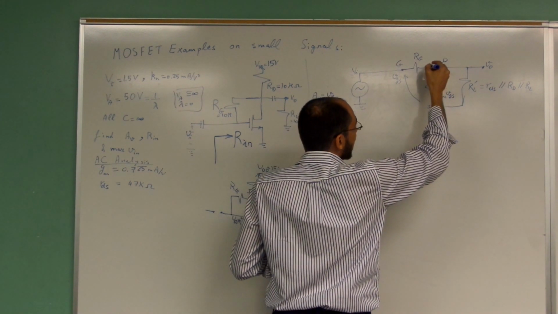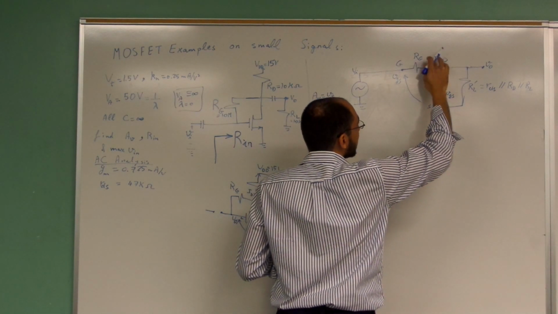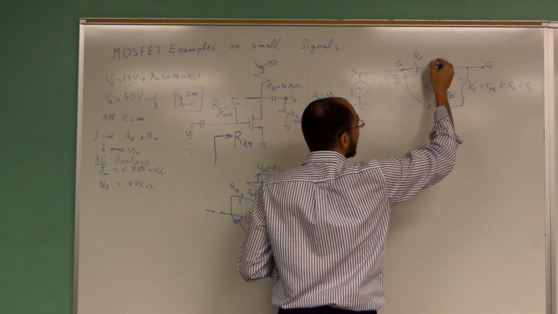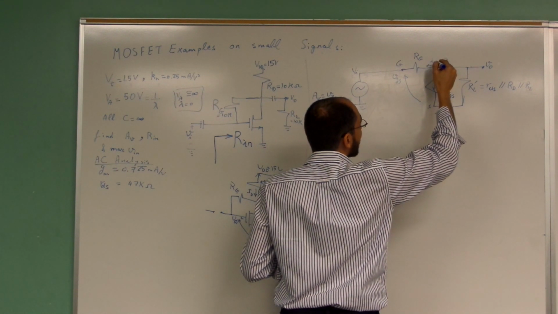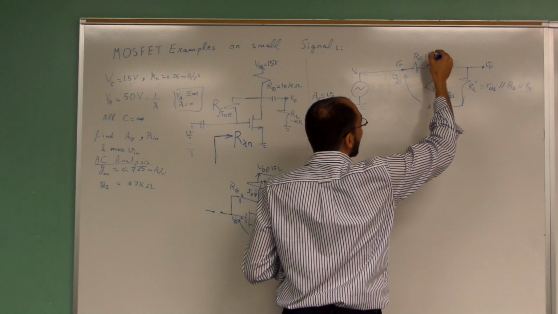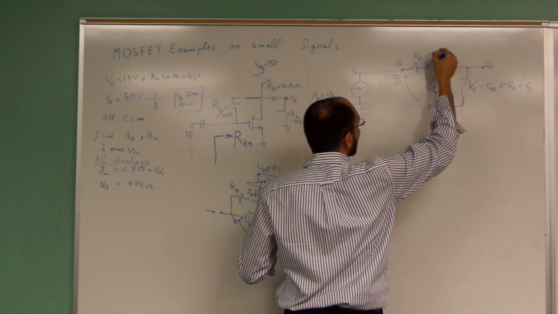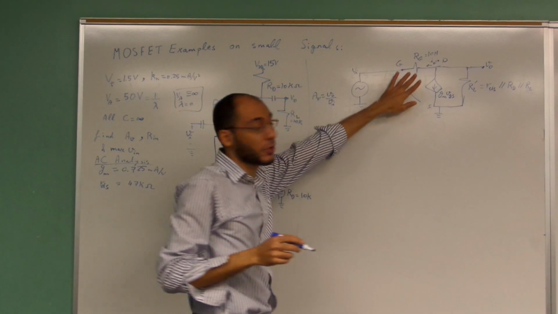Of course, we expect that this value is going to be neglected. IG, roughly speaking, equals 0, because this is 10 mega ohms. Of course, this is an approximation.